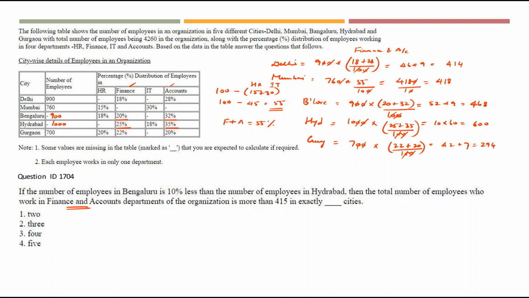Now we have to check how many cities have number of employees more than 415. 414 is less, 294 is less. So 1, 2 and 3. It is more than 415 in exactly 3 cities. Option number 2, 3 will be the right answer.